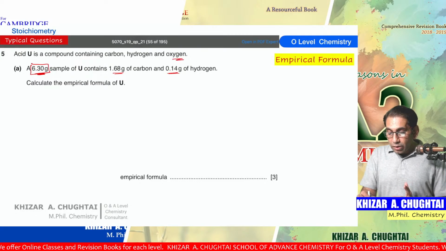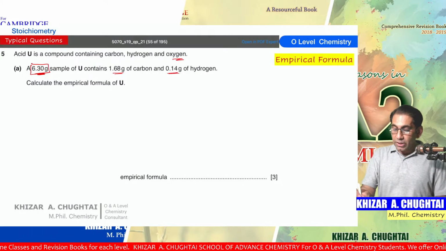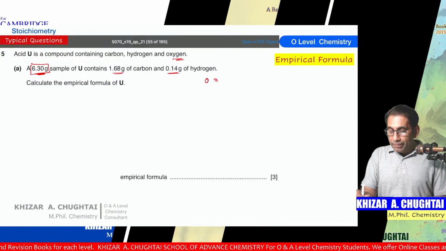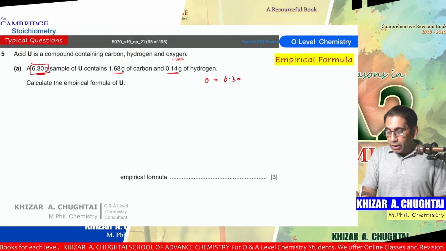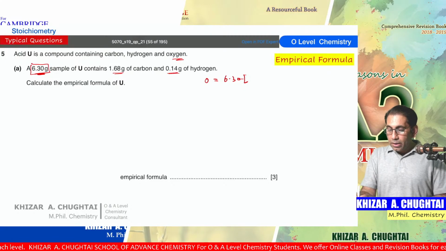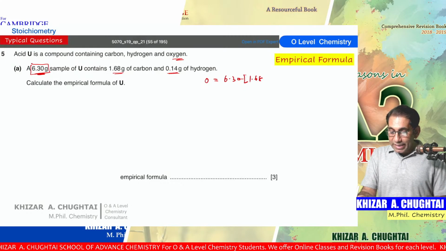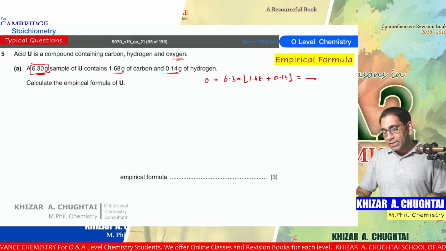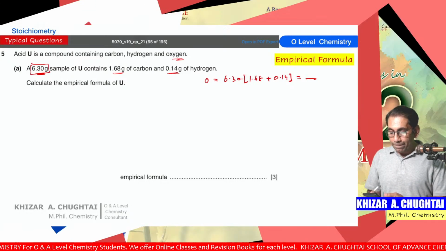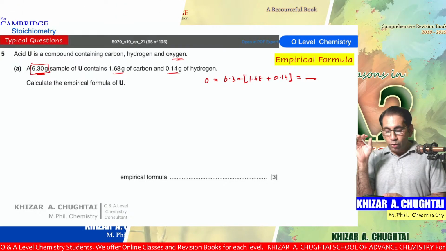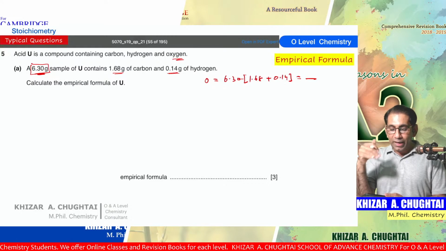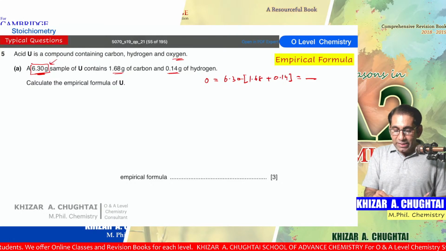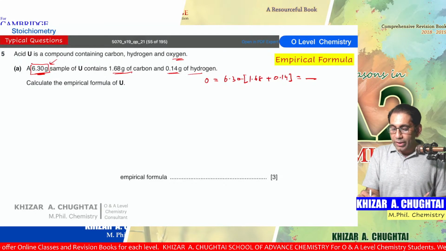What is the mass of oxygen? The mass of oxygen will be equal to 6.3 minus (1.68 plus 0.14). This mass will be the mass of oxygen in this whole sample. All these components mix together to make the sample. The whole mass is because of carbon, hydrogen and oxygen.